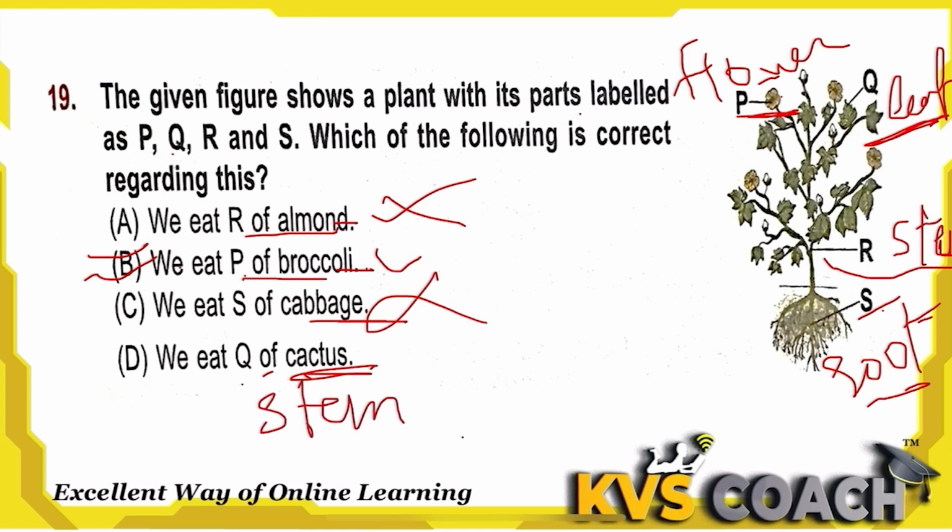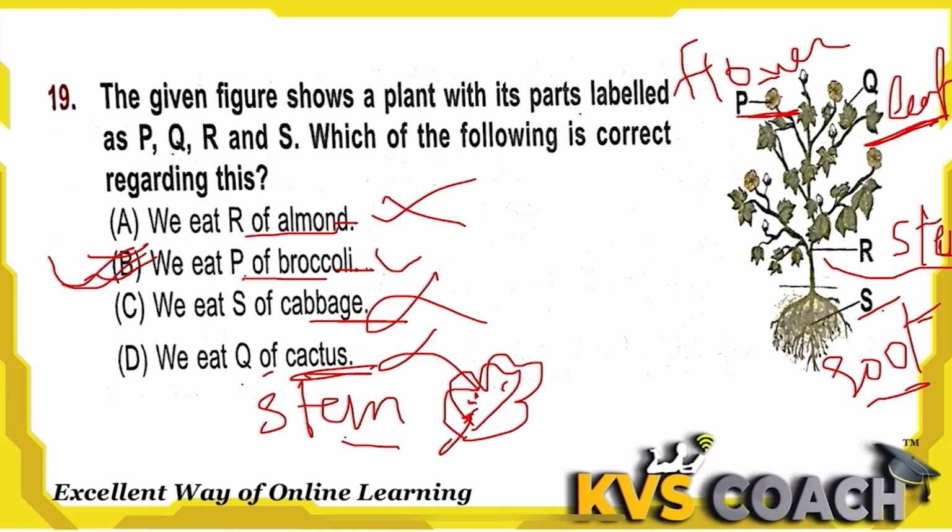On cactus, leaves are the small spikes. They change into spikes, and the green big part is the stem part of the plant. So cactus Q part is the stem part. So this is also a wrong answer. So correct is option B only.